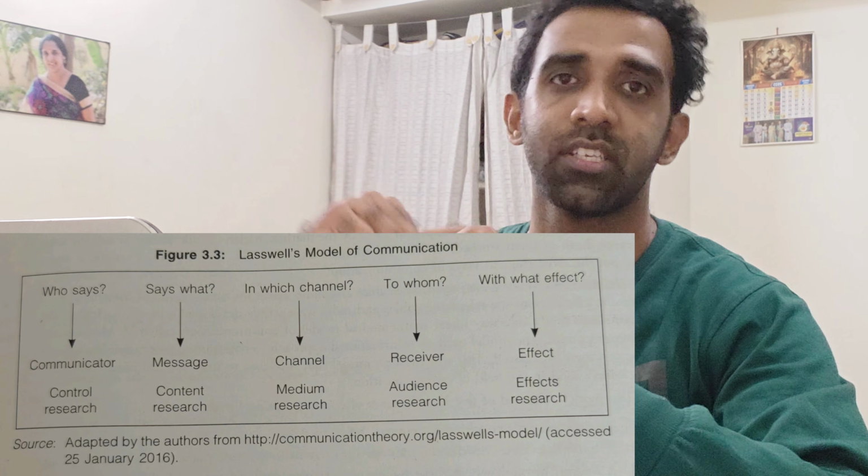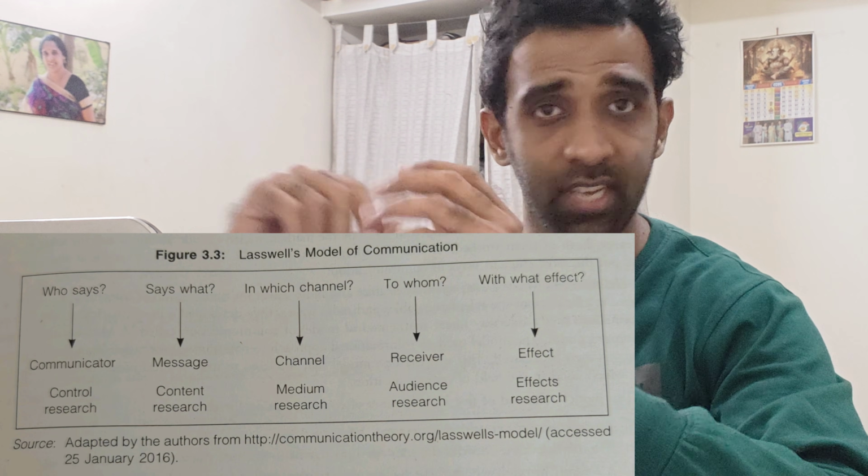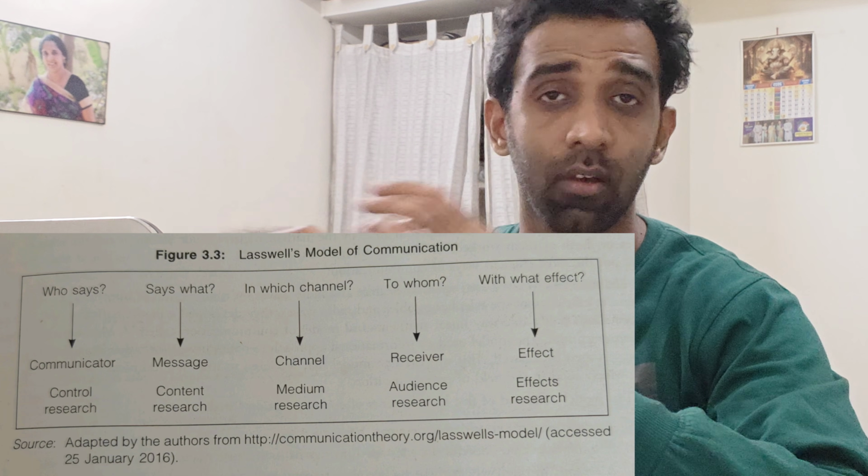Lasswell model of communication. In 1948, Harold D. Lasswell gave us a model of communication. It is about who says what, in which channel, to whom, with what effect. Let me explain with a simple example. Who is me. Says what: what I'm saying is my message, models of communication.